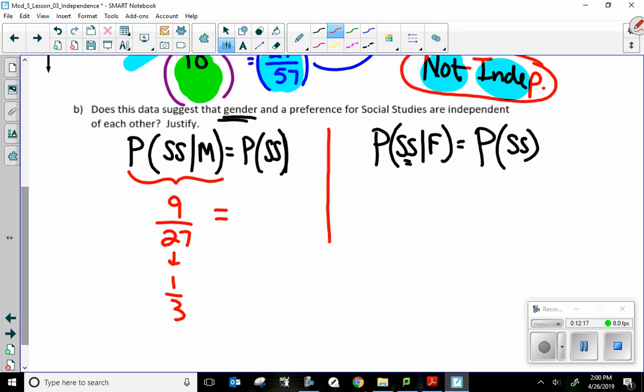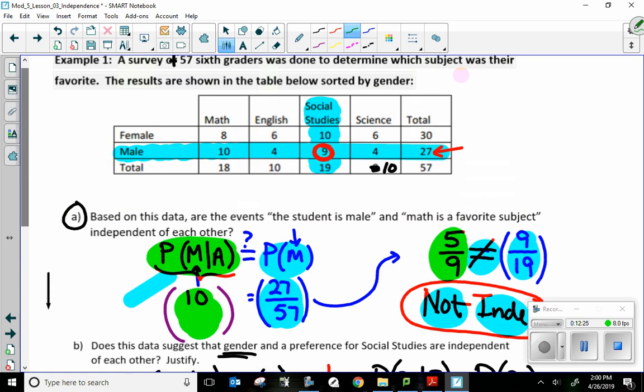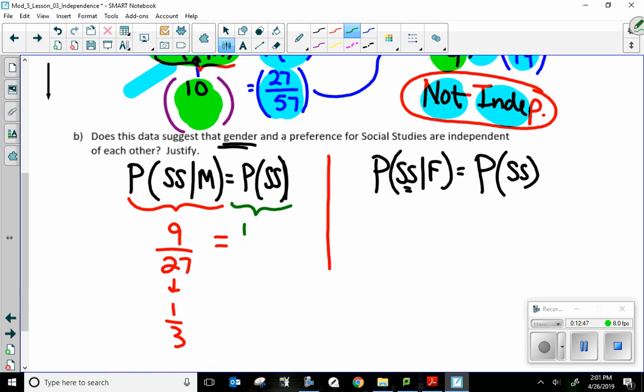Now, what's the probability of just social studies? Let's go back up to our table. My social studies column is right here. There are a total of 19 social studies out of our 57 total survey. That's the probability of social studies, 19 over 57. 19 goes into 57 3 times.